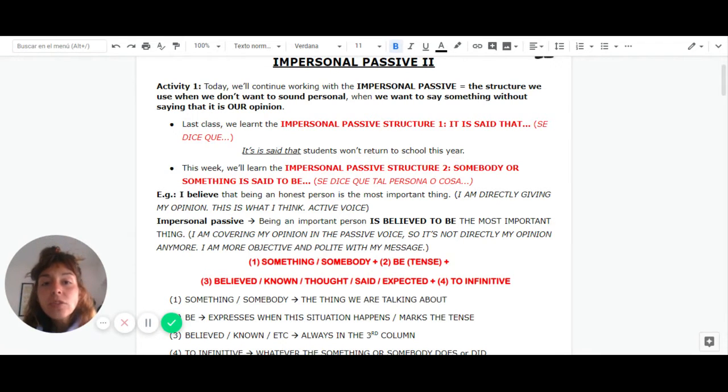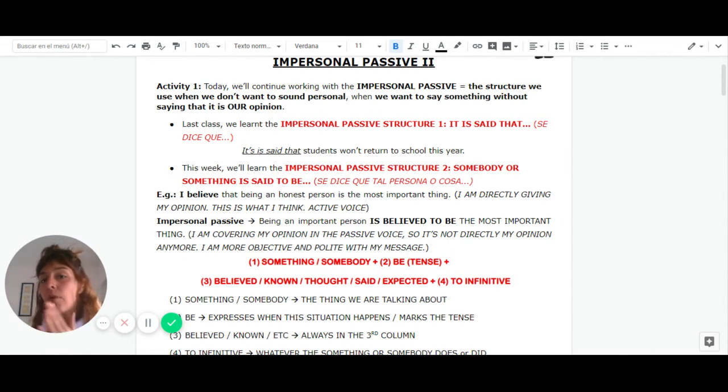Ok? Entonces, recuerden que este tema impersonal passive lo vamos a utilizar para dar nuestras opiniones de una manera más objetiva y es la forma en español que nosotros expresamos con se dice que tal, se dice sobre tal cosa que... Se dice que tal persona no sé qué.